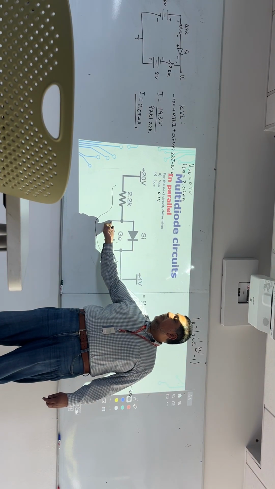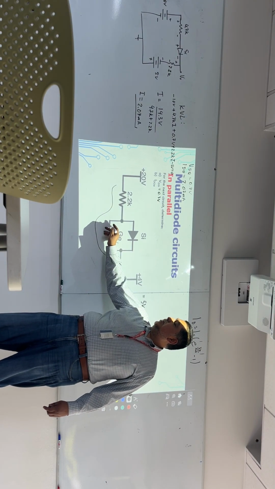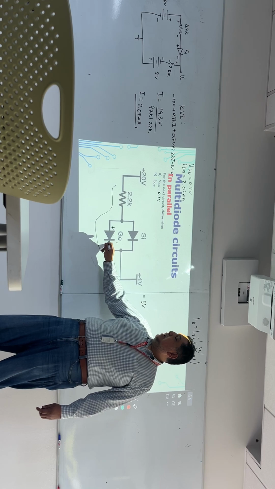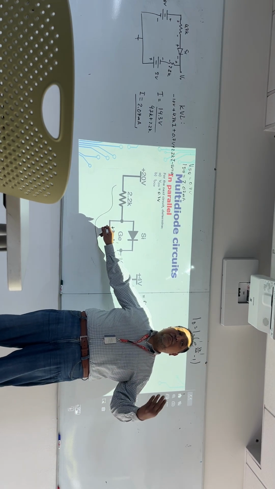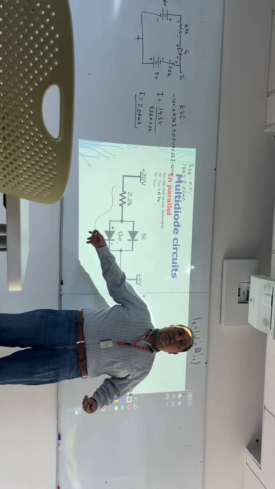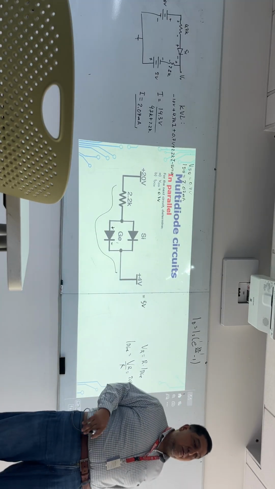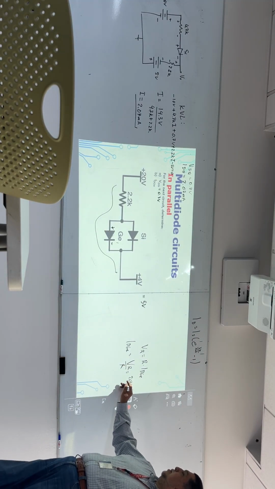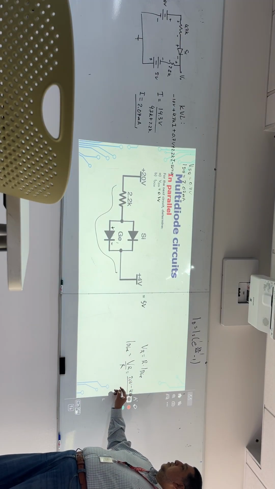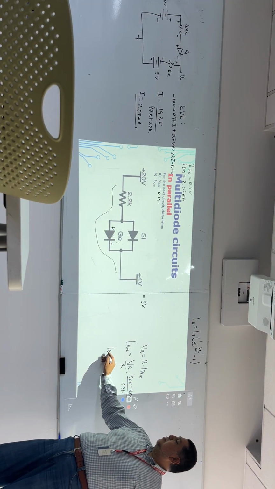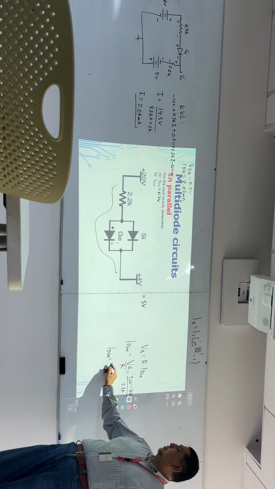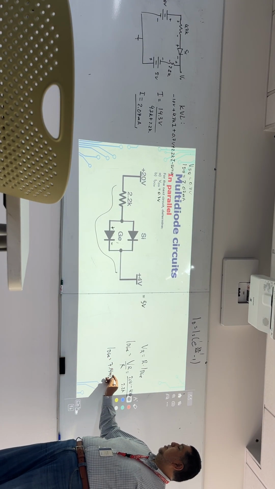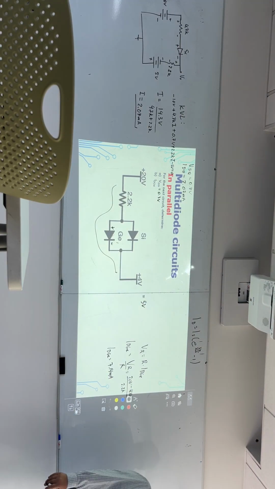The other side of the diode, please note these polarity marks, I will have 0.3 volts more than I had before. Now divided by 2.2K, and that will give us IDGE, 7.14 milliamps.